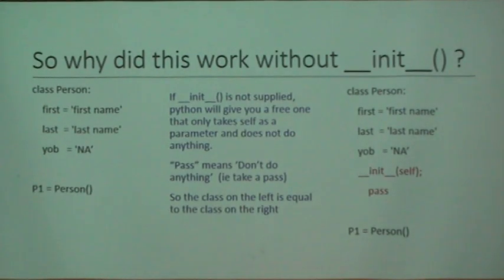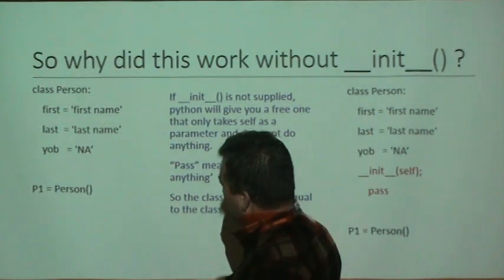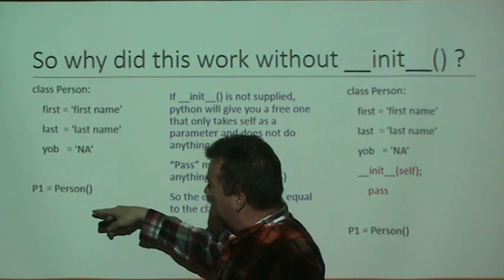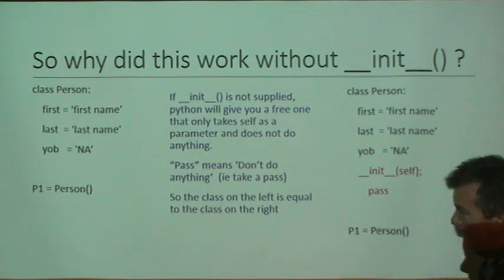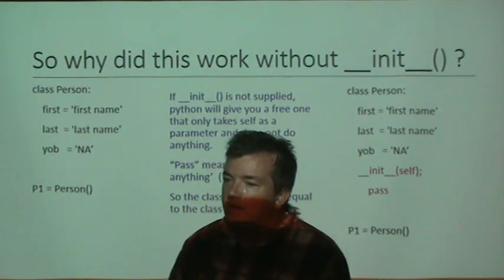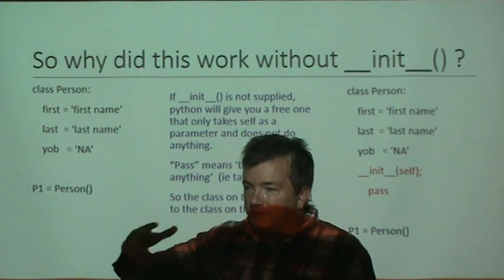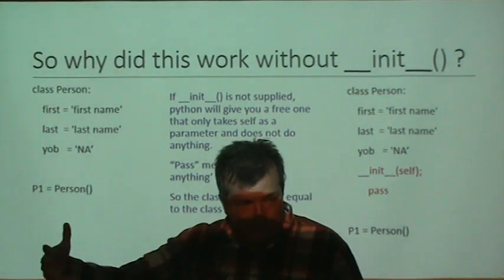Okay. All right. So why did this work without the init function? Why would this work? I didn't supply an init function. The init function is the function that runs every time we create a new person.